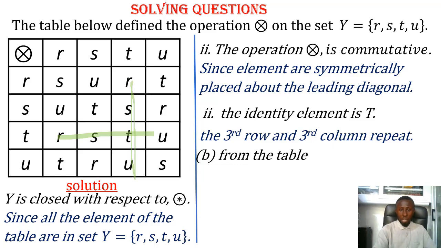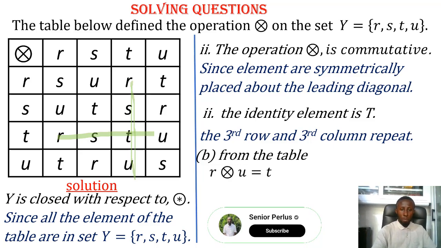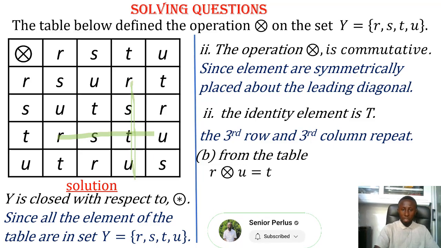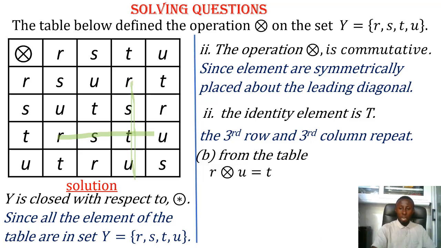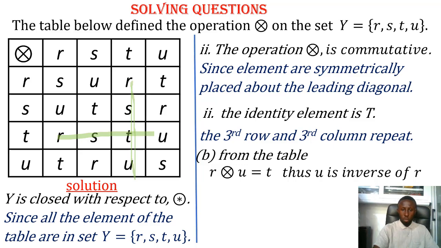Since we know our identity element, we can find the inverse element. The identity element is T. So R operation U gives us T, right? We know that for an inverse, the answer we get is the identity element. So U is the inverse of R. Okay, U is the inverse of R.